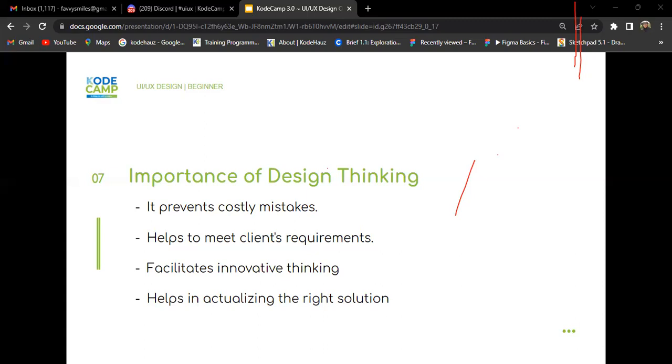But if I did not go through the design thinking process, I'm going to get a lot of things wrong, a lot of mistakes on the product, which I am going to spend a lot of time trying to correct. What the design thinking process does is prevent these mistakes from happening. Okay, I hope you understand better.